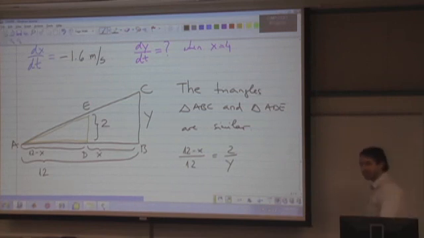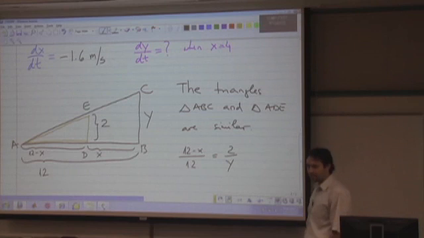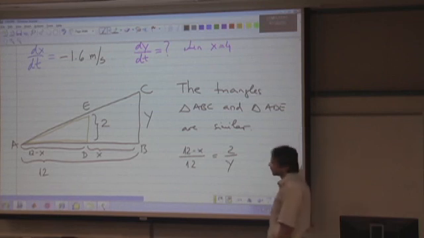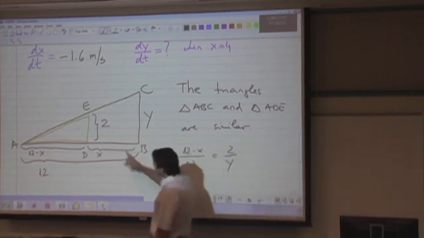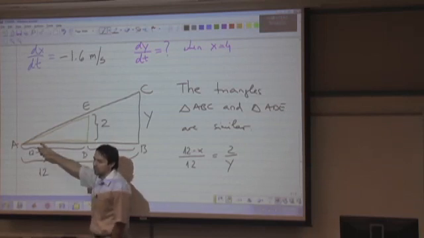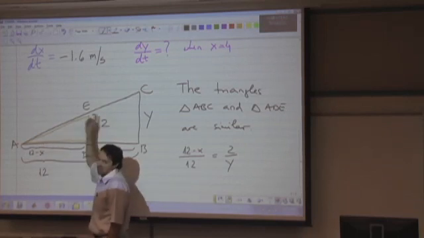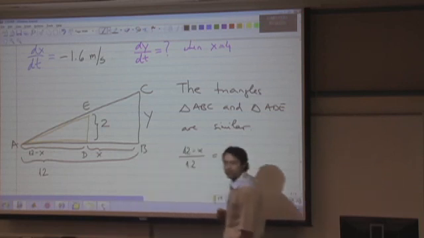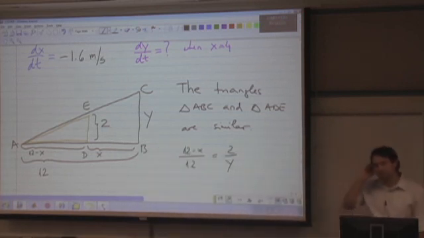Yes? Remember, similar triangles have the same proportion between their sides. I haven't looked at the hypotenuse because it doesn't actually play any role in my problem, right? So there's really no reason to go there. Is this making sense? Yes?